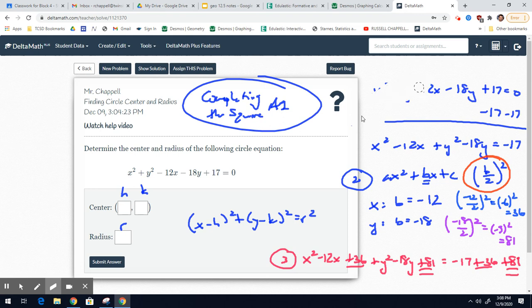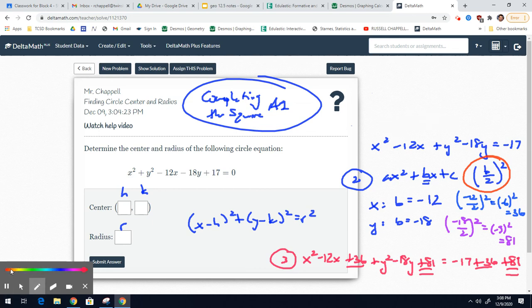Okay. So now step 4 involves factoring. In order to create those parentheses, we need to factor each of these trinomials. So step 4 involves factoring.